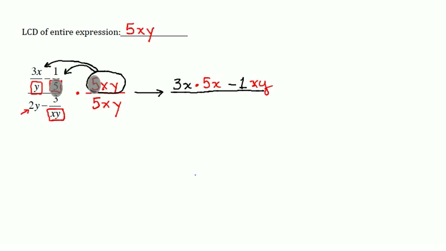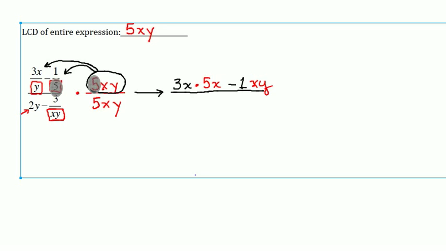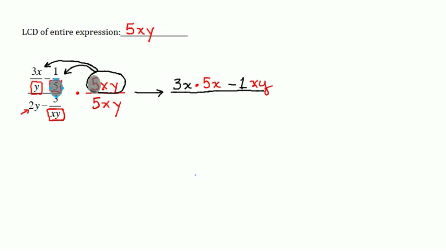I'm going to do the same thing now in the denominator on this first product with the 2y. Nothing cancels, so I'll take these blockers away, and that first term is 2y times the whole LCD of 5xy.